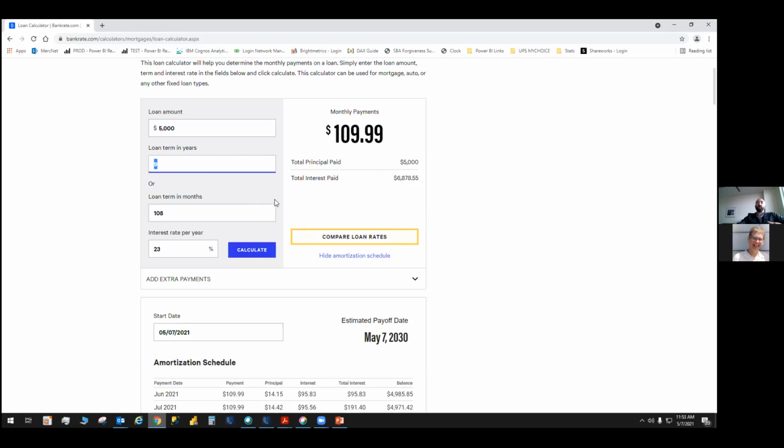So the idea here is you can decrease your monthly payment amount by stretching the loan term out longer. But doing that also increases the interest that you're paying on that principal balance because it has longer to accumulate and compound over time.